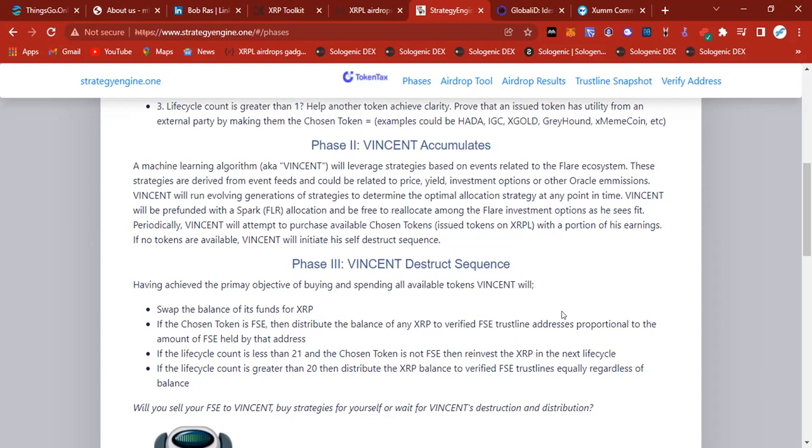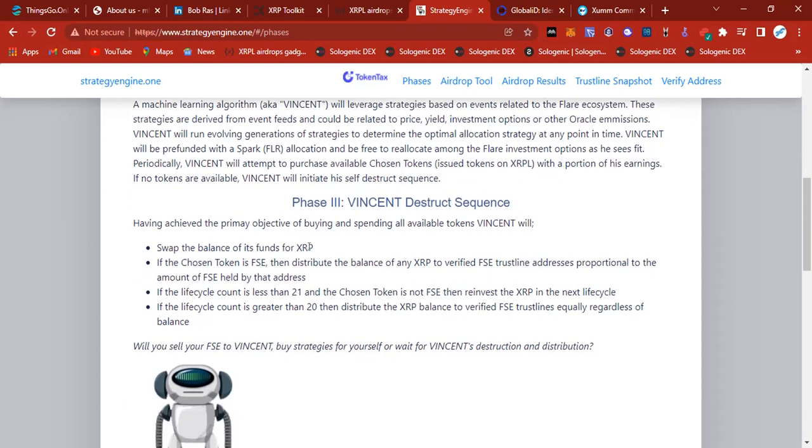If no tokens are available, or if it doesn't find a chosen token, Vincent will initiate a self-destruct sequence. So, this is the third phase: having achieved the primary objective of buying and spending all available tokens, Vincent will swap the balance of the funds for XRP.